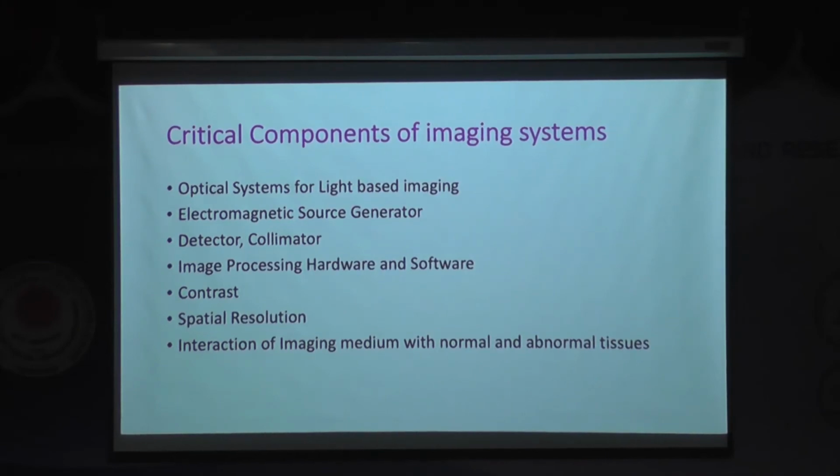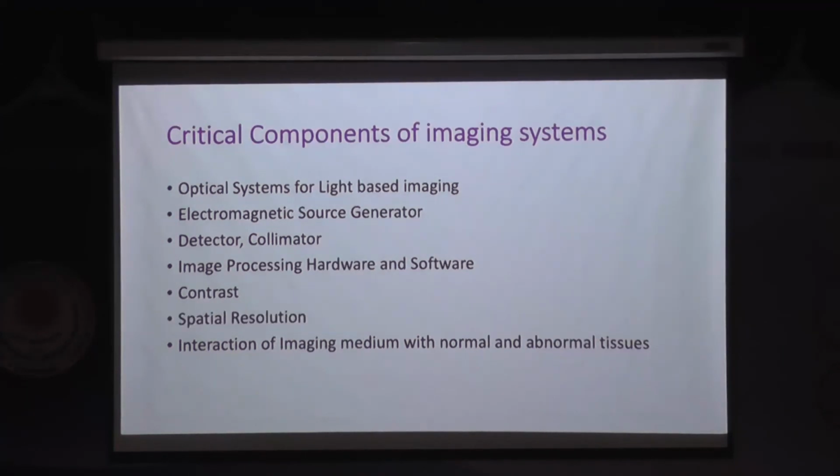Coming to the critical components of imaging systems, optical systems are very important for light-based imaging, how the optics are set up and designed. The electromagnetic source generator is very important, whether it is X-ray generators, the magnetic generators for MRI and other units, or the agents that are used for gamma cameras.